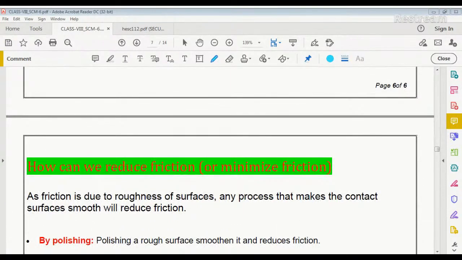As we have seen in the previous chapters, friction is desirable in some situations, right? As friction is due to roughness of surfaces, any process that makes the contact surfaces smooth will reduce friction, isn't it?